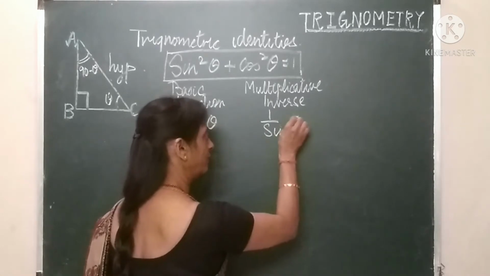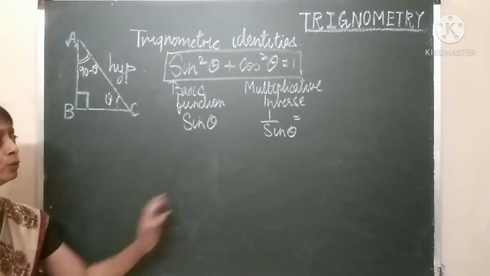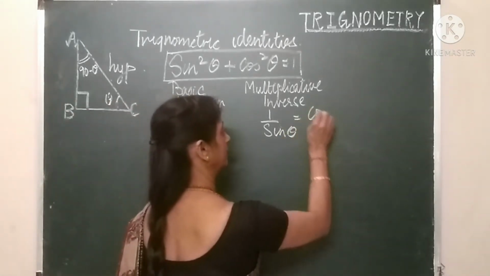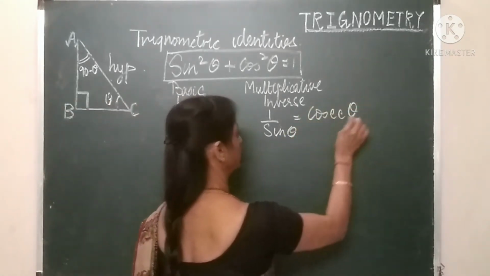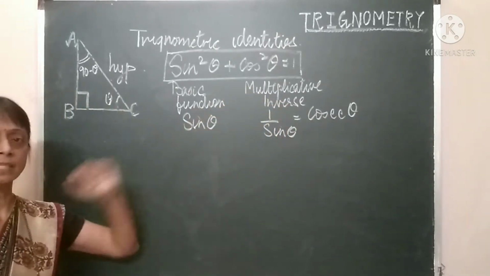But instead of saying 1 upon sine theta, the new word we use is cosec theta. So cosec theta is the reciprocal or multiplicative inverse of sine theta.